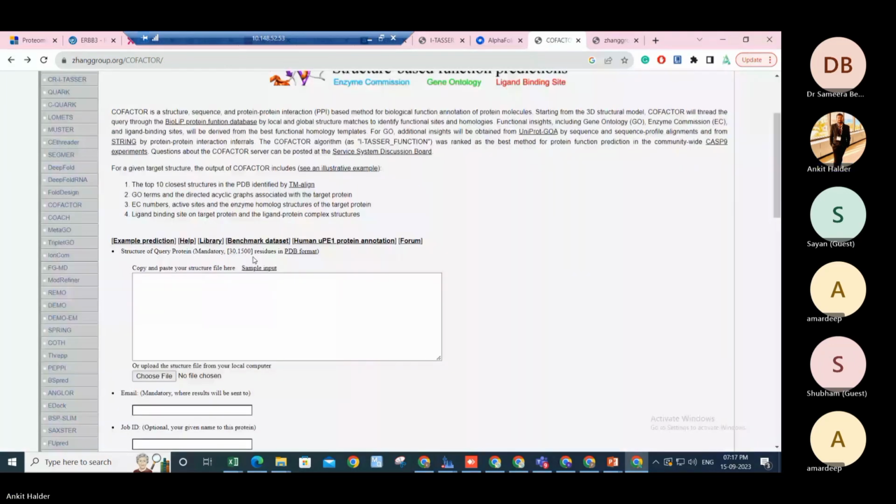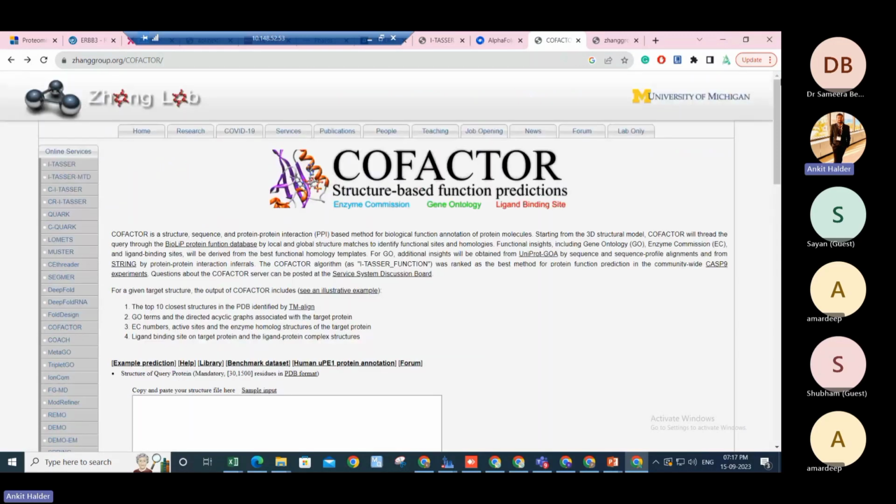Another experiment or analysis that you can perform, as I mentioned: you have your protein sequence and you try to find out the structure similarity from I-TASSER and AlphaFold. Second is the structure functional similarity in COFACTOR.